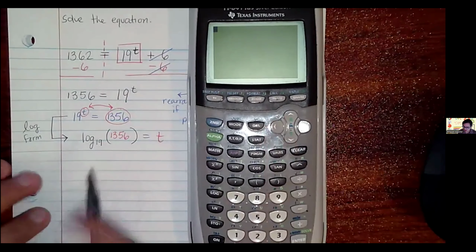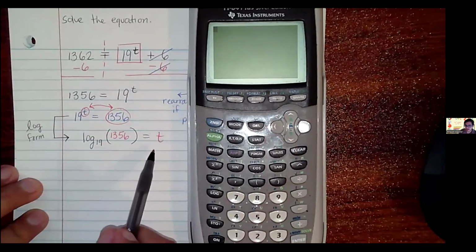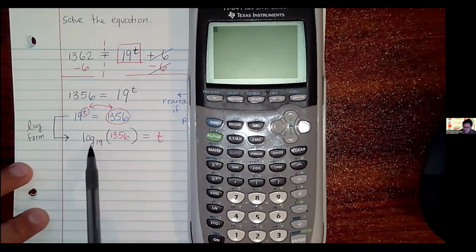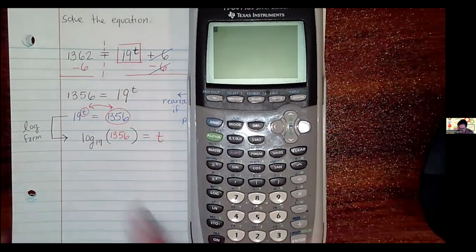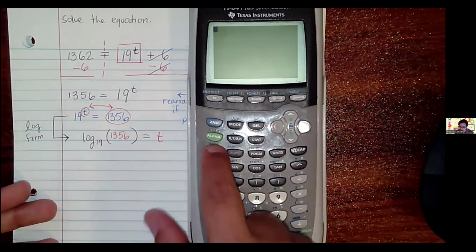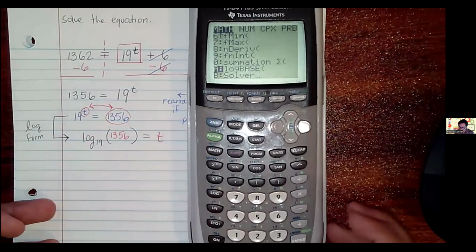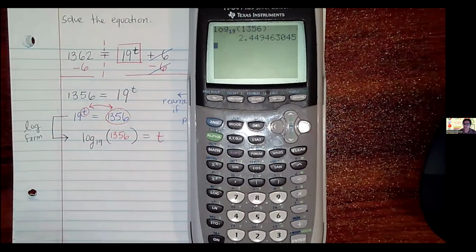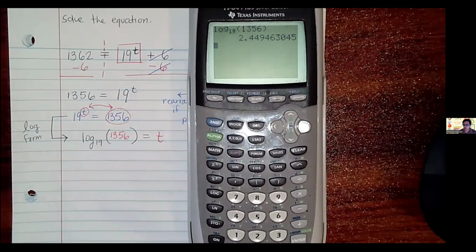Well, now we have the t isolated. So that means that t, our variable that we're trying to solve for, is equal to this number. What I'm going to do is check to see if we can evaluate this in the calculator and it gives us a nice pretty number. I put log base 19 of 1356 in there, hit enter, and I get this awful decimal number, 2.449463045.